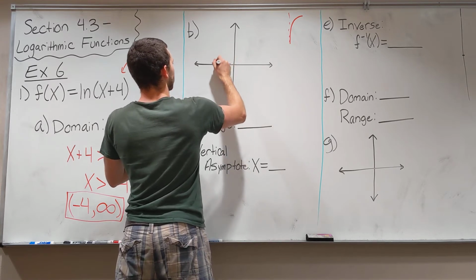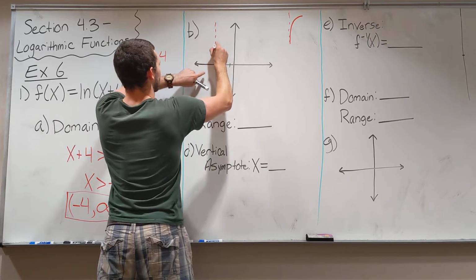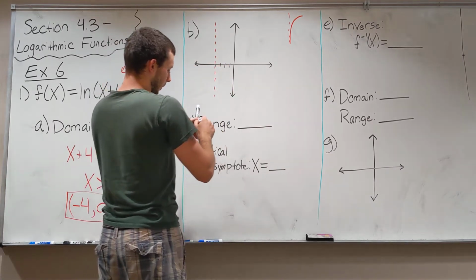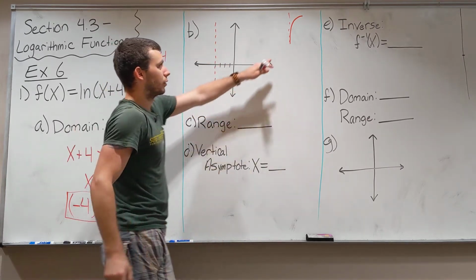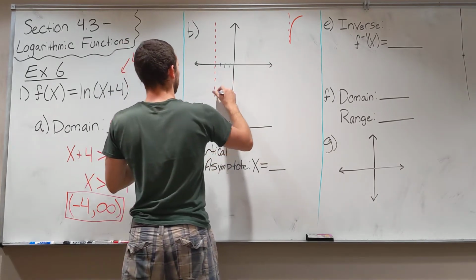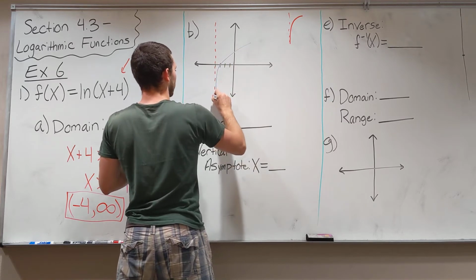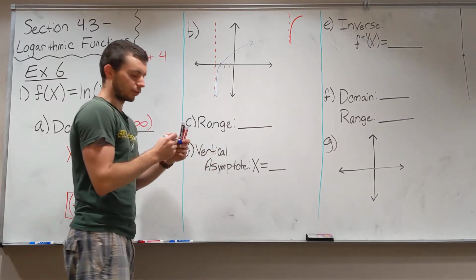So we'll go ahead and do that. 1, 2, 3, 4. Now here's where the asymptote would go. And we simply recreate the shape. Just like that.